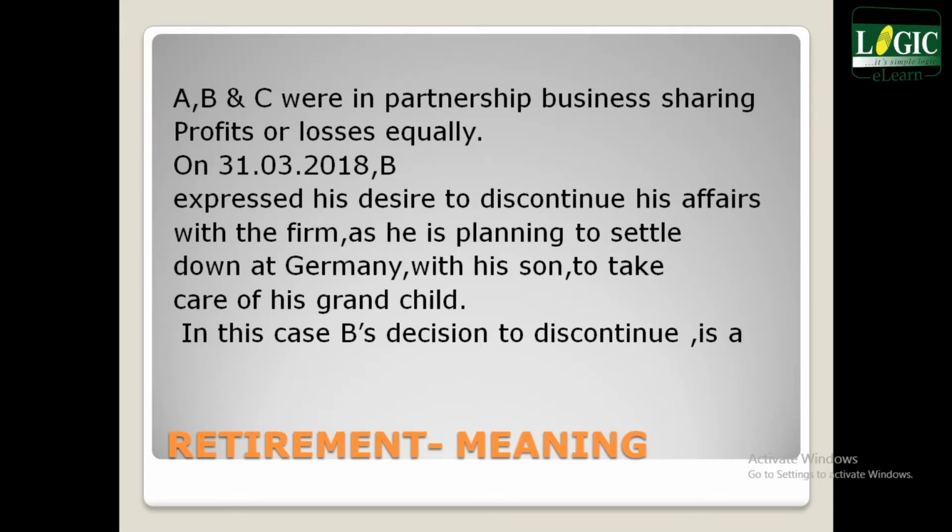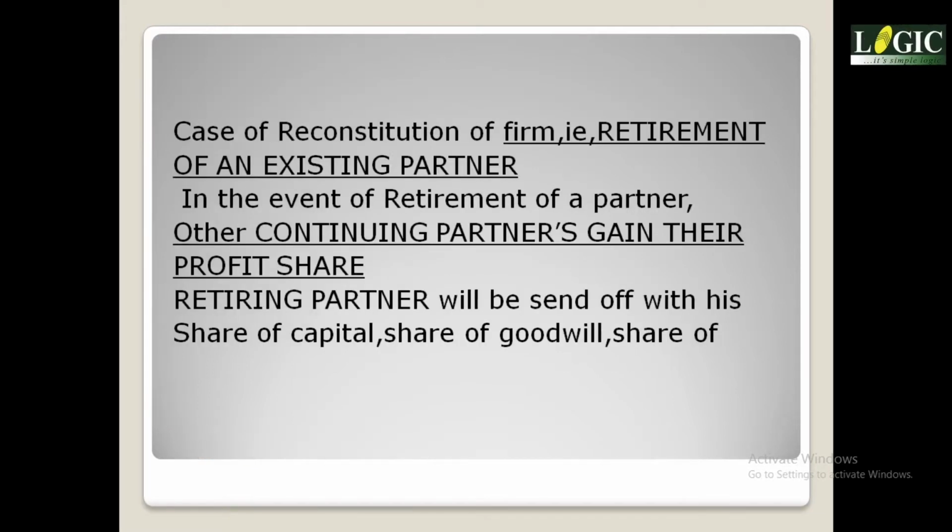So how is it? We will see now. In the case of reconstitution of firm, that is retirement of an existing partner, the continuing partners gain in their profit sharing ratio. So far A, B and C were there. They were sharing equally, 1/3 : 1/3 : 1/3. Now C plans to quit his affairs with the firm.